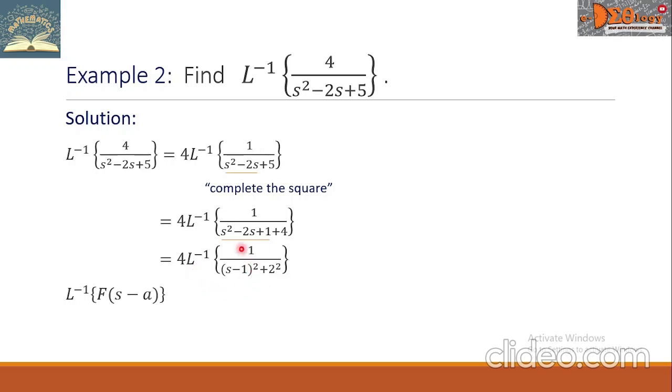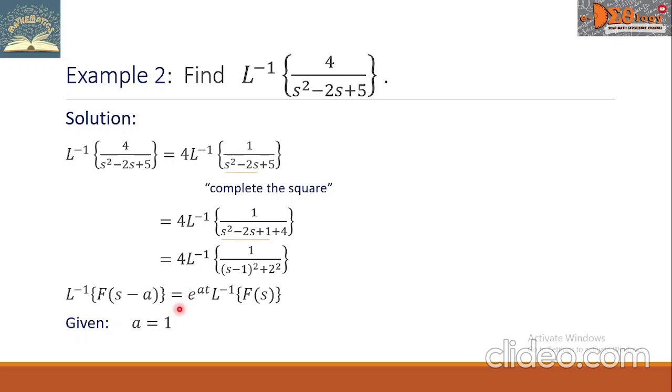For this Laplace inverse, it falls in the category of the Laplace inverse of the function F with respect to s minus a. The s minus a here corresponds to this s minus 1. Therefore, the value of a is equal to 1.